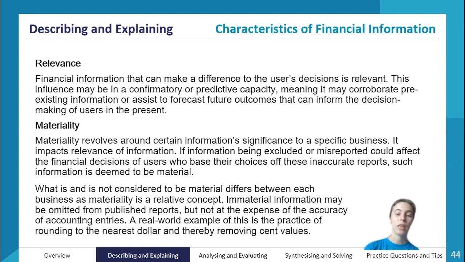So if it's significant to those people who use the information, then it's material. So what is or is not considered to be material is going to differ between each business, because it's a relative concept. It's not just standard for every business. Immaterial information could be left out from published reports, but it can't be left out at the expense of the accuracy of your accounting entries.